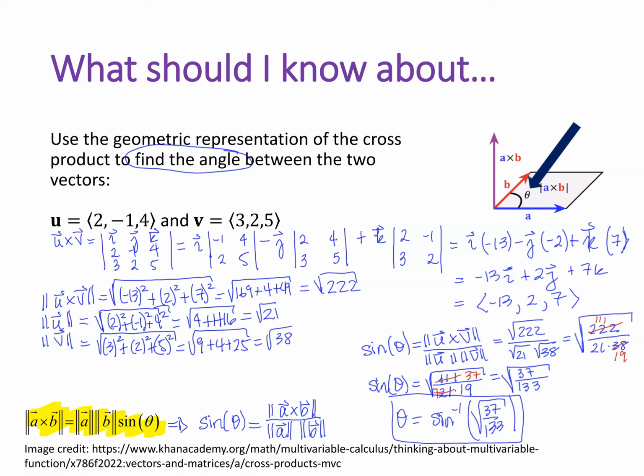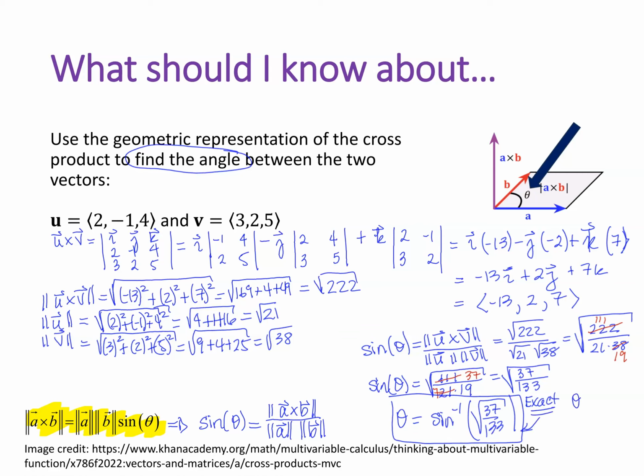We should leave it in that form unless we're doing more work with it. It may end up that at some point I might need a decimal approximation, in which case it's fine to go ahead and do that. But if we need an exact answer, this is our exact answer.